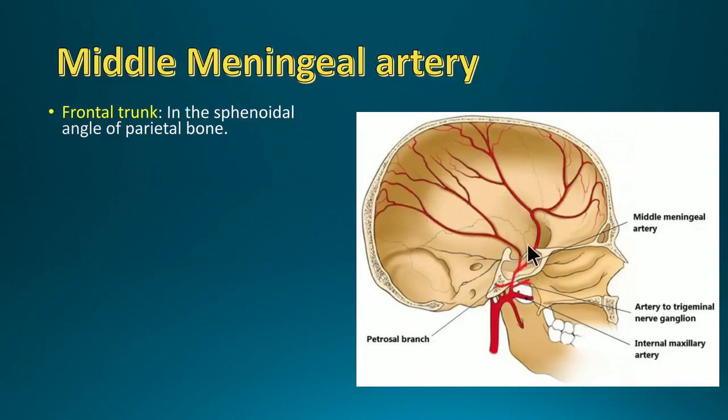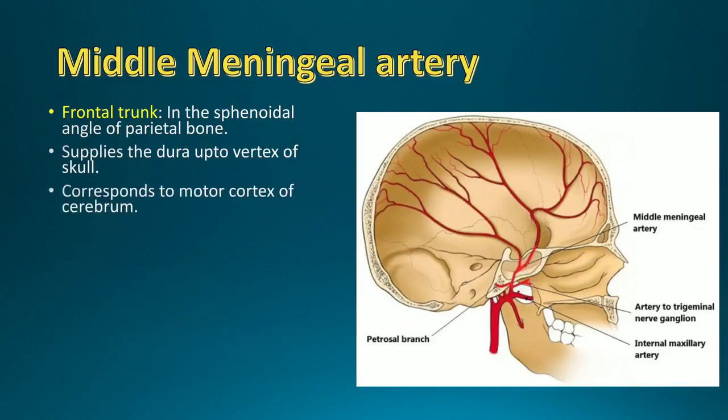Along the antero-inferior angle, you can see the frontal trunk. Then it divides into many branches and supplies the dura up to the vertex of the skull. This also corresponds with the lateral sulcus of your cerebrum, mainly your motor area. So as I told you, it corresponds to the motor cortex of the cerebrum.